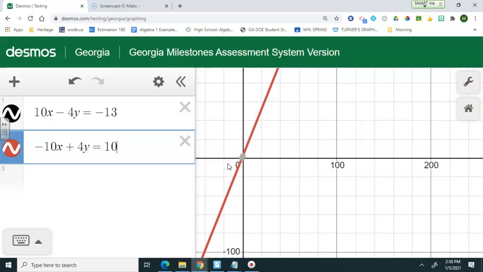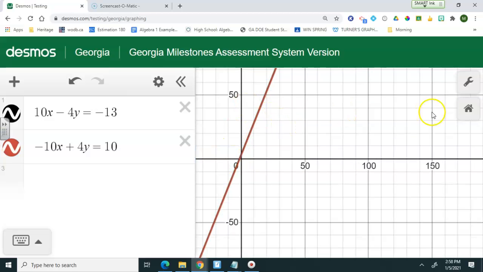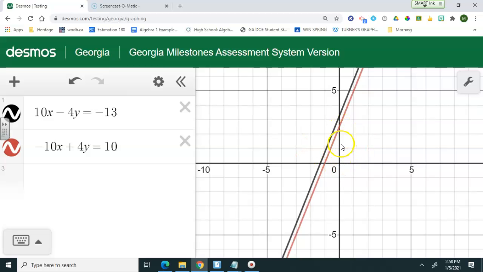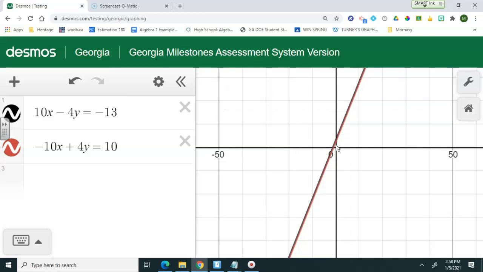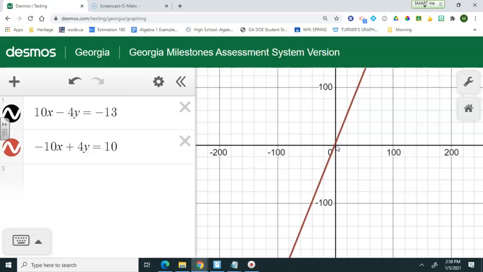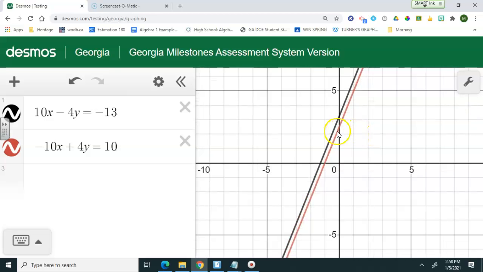Let's zoom. Got to zoom really. Let me go home. Okay. So remember, if you're zoomed out, it's going to look like it's the same line. But when I go home, because these are really close together, you can see they're parallel lines. So I wanted to show you that and to make sure. Be careful where you're zooming and stuff because they can appear one way when they're really not.